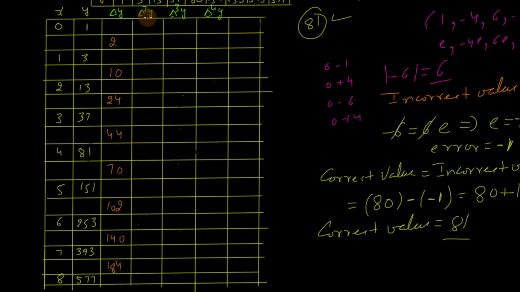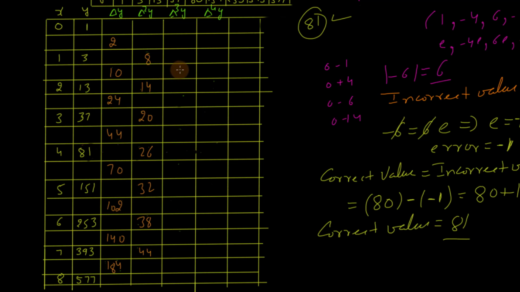Fine. Now we will see the second order difference column. 10 minus 2 is 8. 24 minus 10 is 14. 44 minus 24 is 20. 70 minus 44 is 26. 102 minus 70 is 32. 140 minus 102 is 38. 184 minus 140 is nothing but 44.